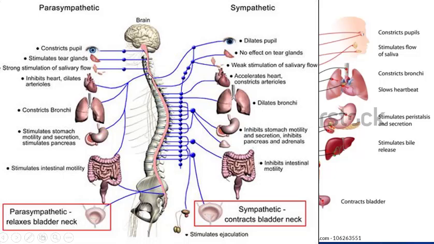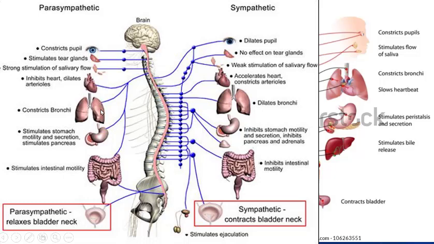You can see that the parasympathetic neurons originate from the brain or spinal cord, and they actually terminate in the organ where very short postganglionic neurons are present.